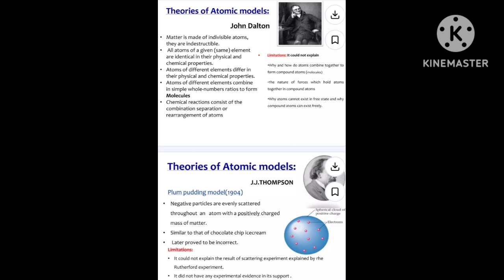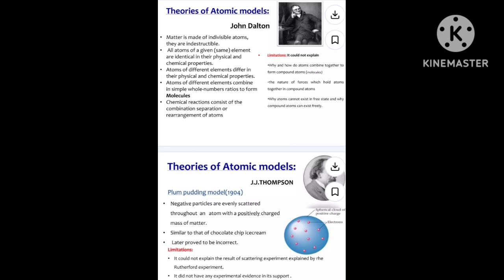Next point: an atom is the smallest unit of matter that can take part in a reaction, and atoms combine in small whole numbers to form compounds. That is also failed, for the discovery of polymers and macromolecules.